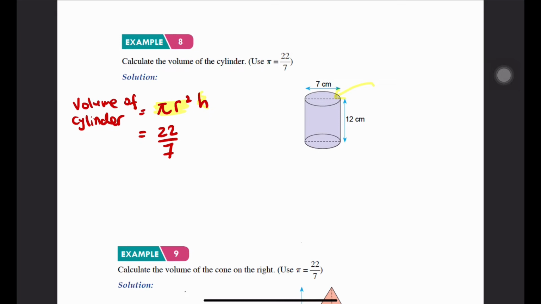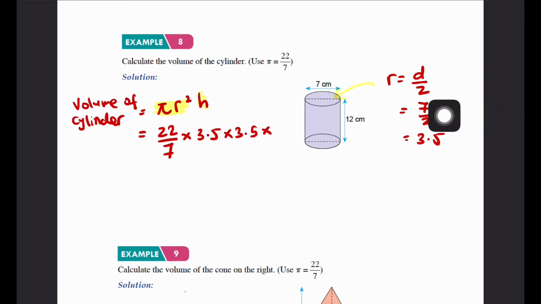So 22/7 times r squared. Here 7 is the diameter, so the radius is the diameter divided by 2. So we have 7/2, or 3.5. So the radius is 3.5 times 3.5, times the height, which is 12.